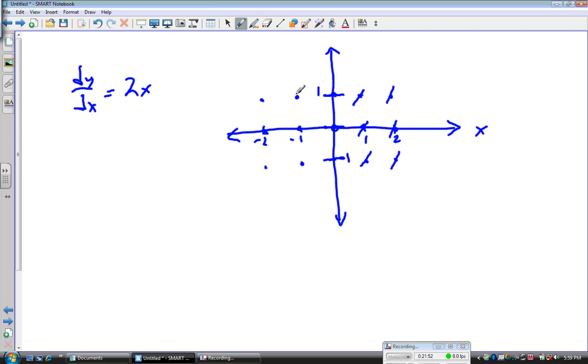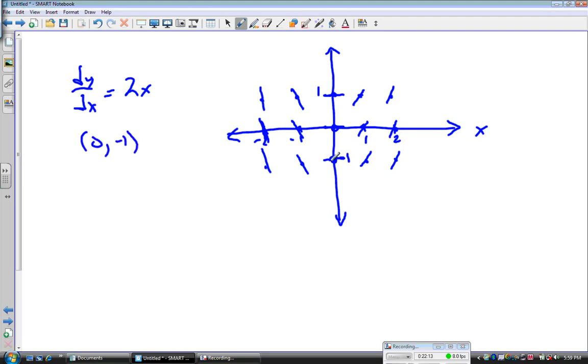Positive, right? What if I plug in, all of these are negative 1 for x. Plug in negative 1, I get a negative 2 slope. And all of these have a negative 2 for x, so plug in that and you get negative 4. Pretty steep negative slope. Should be parallel, please. So what happens if I have an initial condition, say, of (0, -1)?